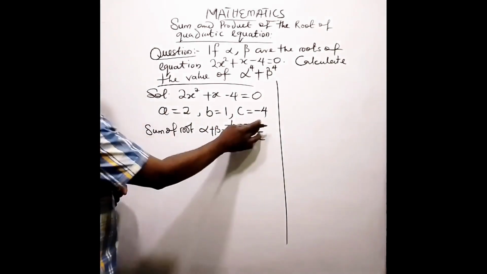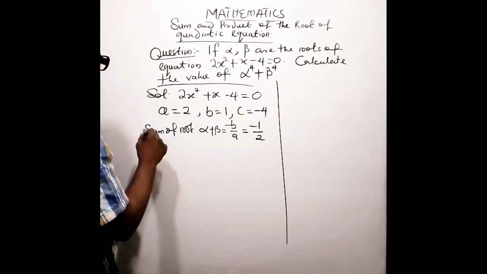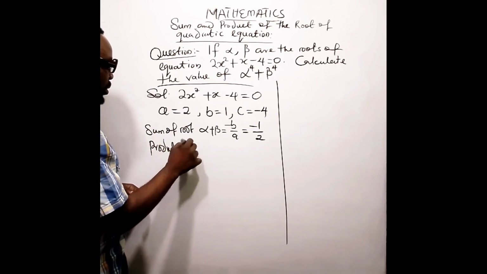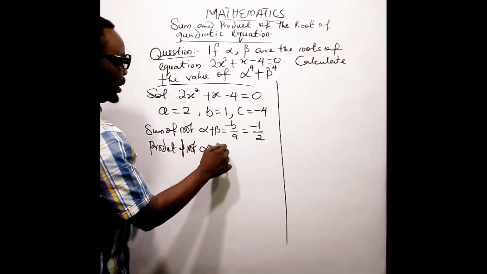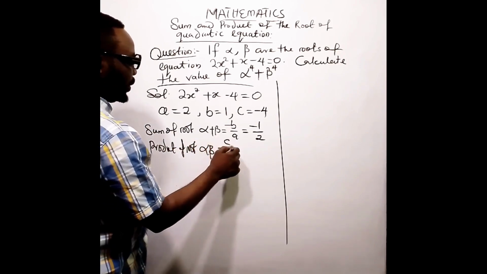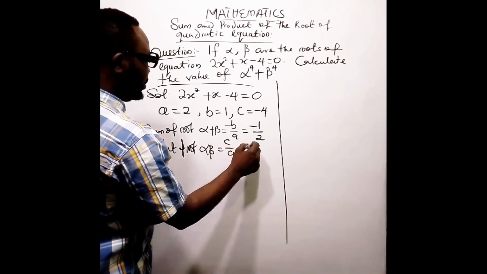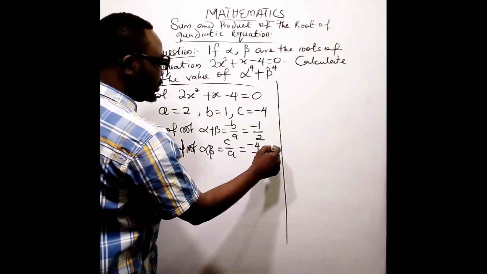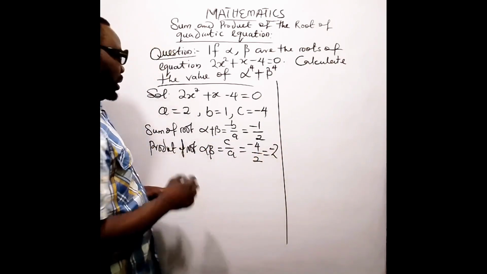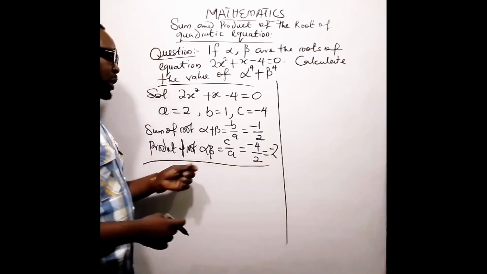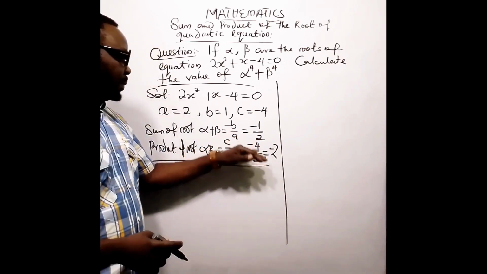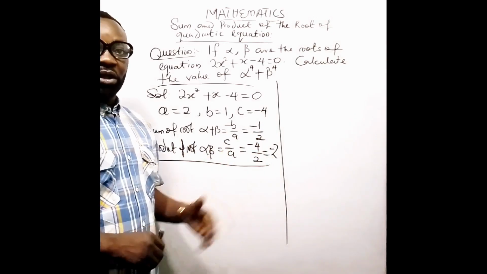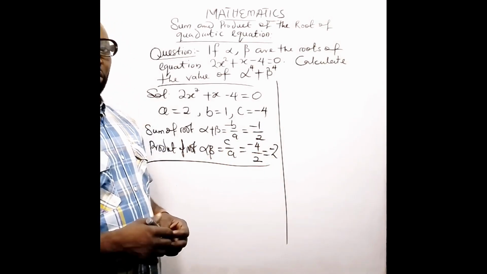So the sum of roots is minus 1 over 2. The product of roots, which is alpha beta, is equal to c over a, which is equal to minus 4 over 2, and minus 4 divided by 2 is equal to minus 2. Having got this, we are going to keep this information aside, because we are going to make reference to it in our subsequent solution to the question.